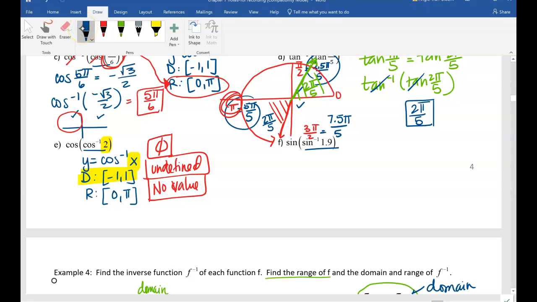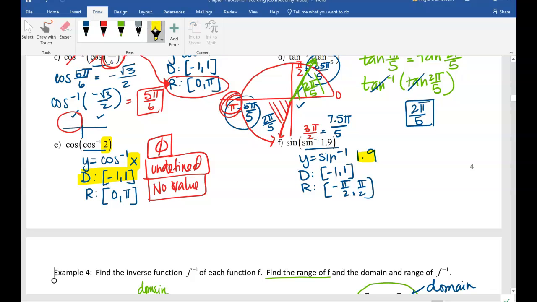Again, we are going to attack sine inverse of 1.9. So y equals sine inverse of 1.9. The domain of sine inverse is from -1 to 1. The range is from -pi over 2 to +pi over 2. Let's check this out.